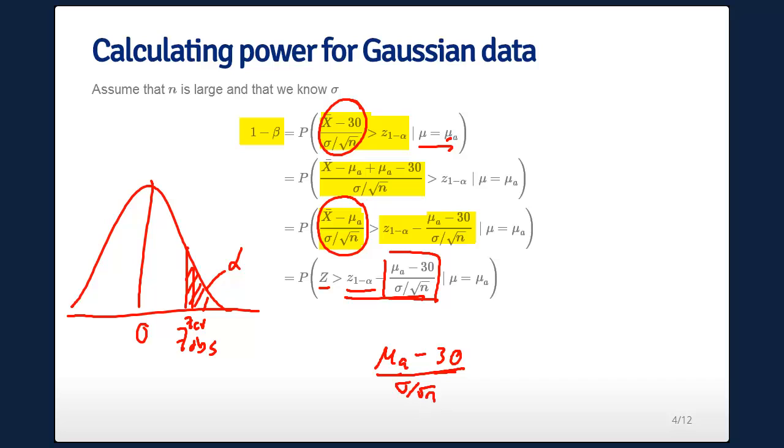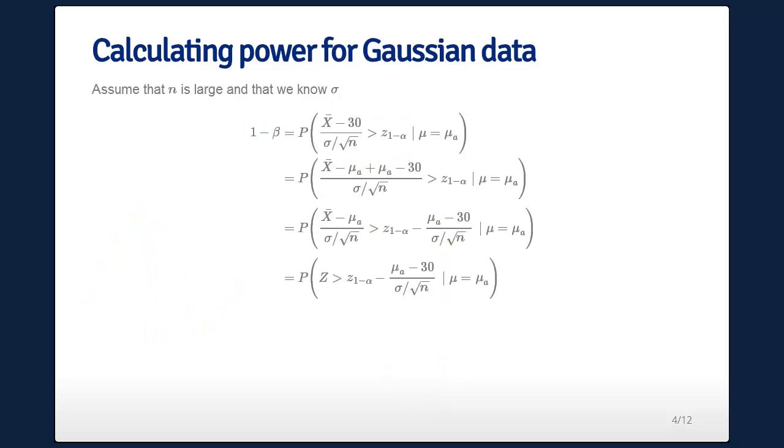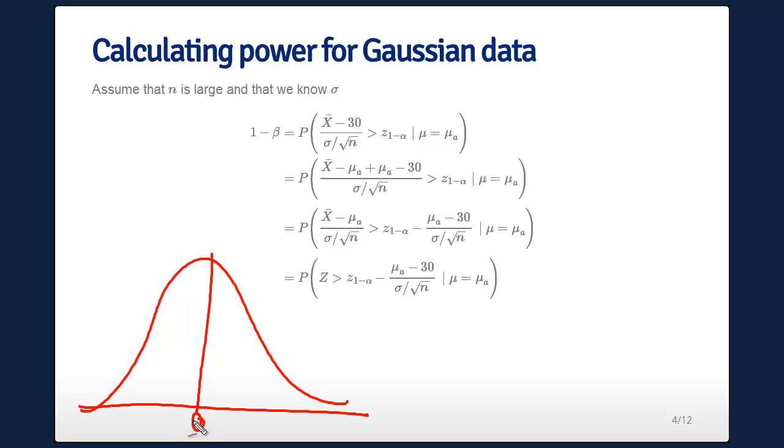So the idea is something like this. Here's the distribution of our normalized test statistic under the null. Here's our critical value, so that probability is alpha. Now, here's the distribution of the statistic under the alternative.